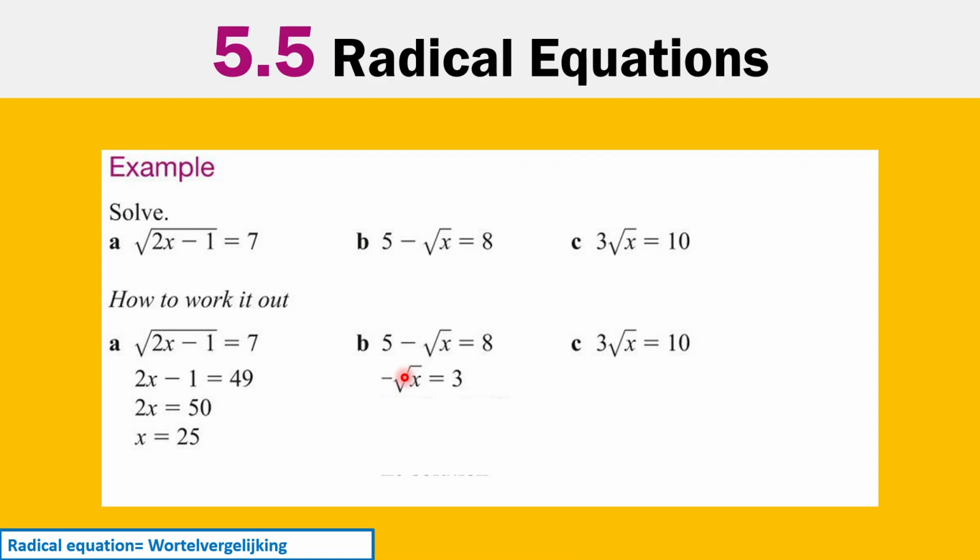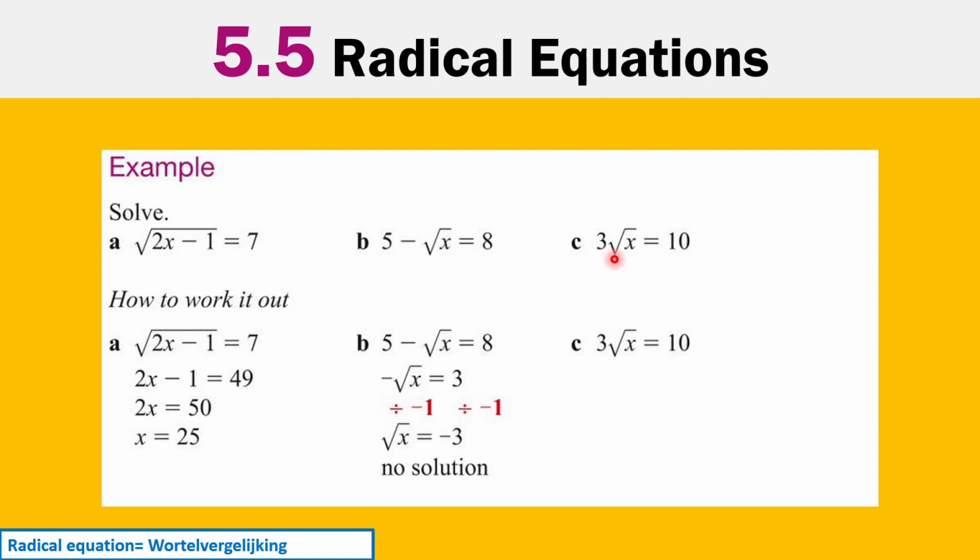This is negative root x equals 3, so here divide both sides by negative 1. That gives me root x equals minus 3. Be careful, my right-hand side is negative here. So you can say the value for a is negative. So here, please don't square both sides, immediately write down no solution. That is because the right-hand side, the value for a, you can say, is negative.